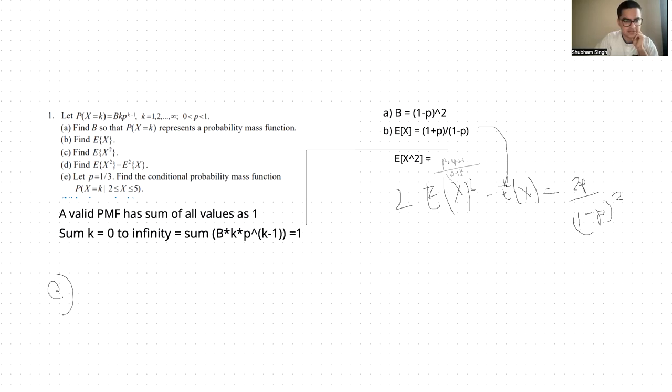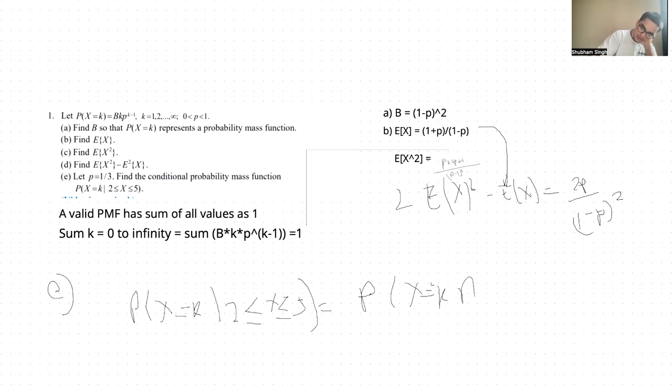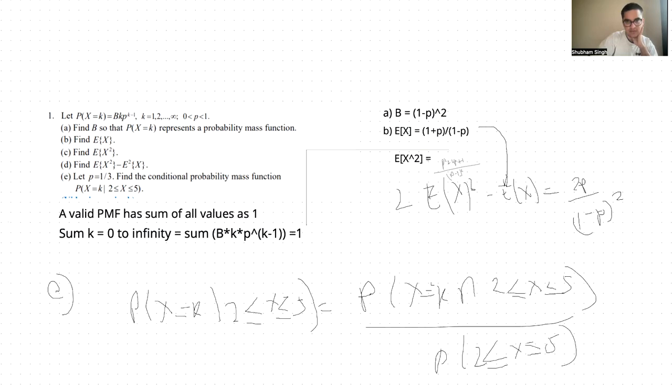Using this, we can write p of x equal to k given x between 2 and 5 as p of x equal to k intersection x between 2 and 5, divided by p of x between 2 and 5. I have just used the formula and written it in this form, I haven't solved anything yet.